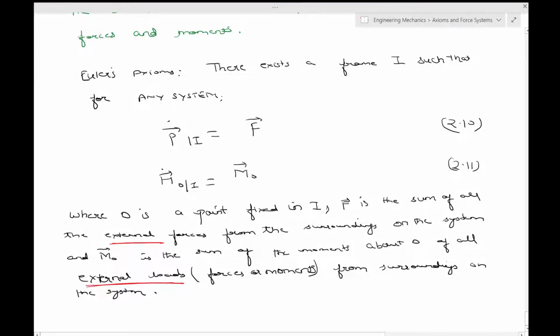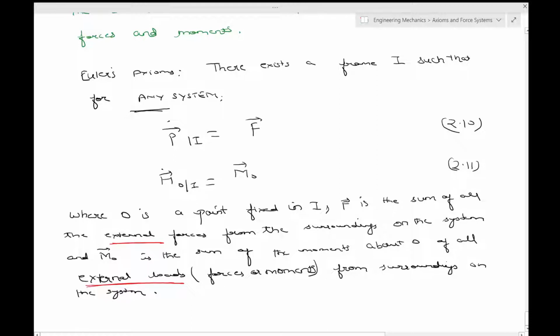You may have learnt or known this in some other form, but this is just another way to see it, and that's the approach which we are following in this course, from primitives to defined entities to axioms, and then eventually theorems. So this is the Euler's axiom, that there exists a frame I such that for any system, this 'any' is important.